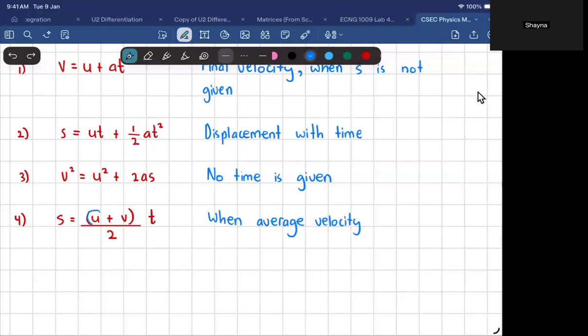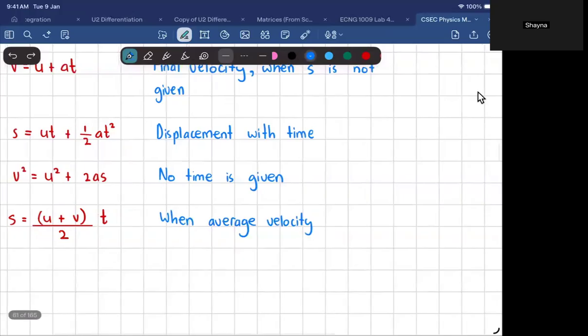It's adding the initial and the final, and then dividing by two. So this part of the formula finds what? The average velocity. And then you multiply the average velocity by time. So you're going to get the displacement.